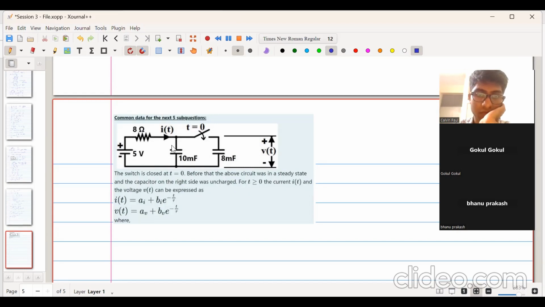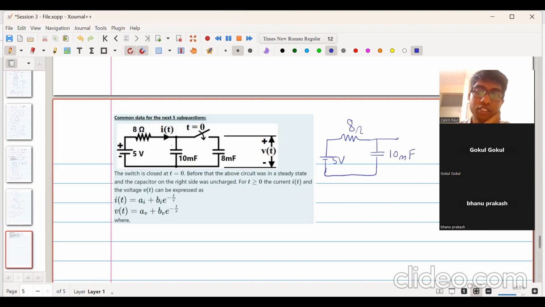Open circuit in steady state, capacitor acts as an open circuit, but what will be the voltage across it? See, initially if we look at the circuit, this is the 8 ohm resistor, and this is the capacitor of 10 millifarad.